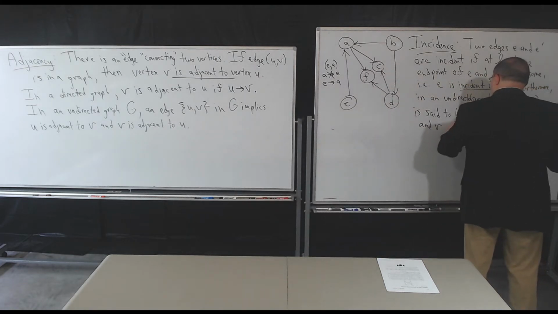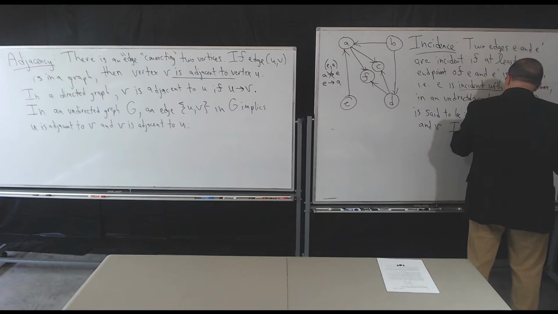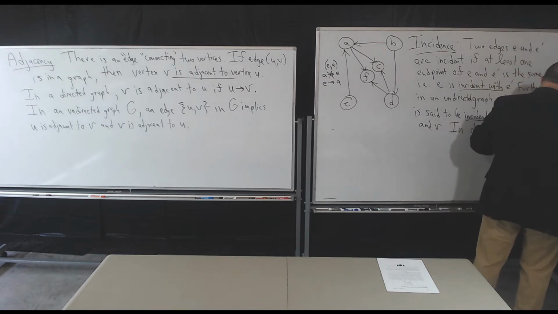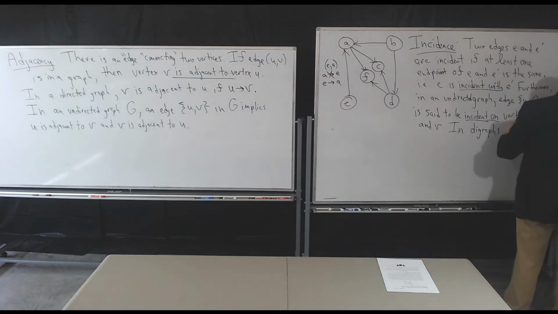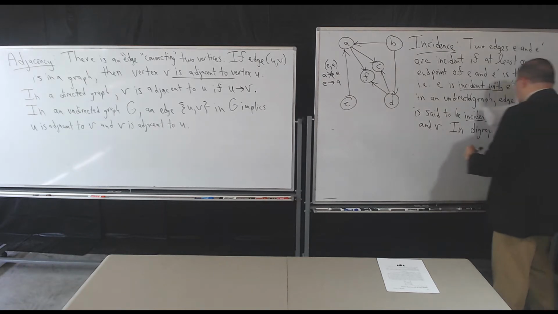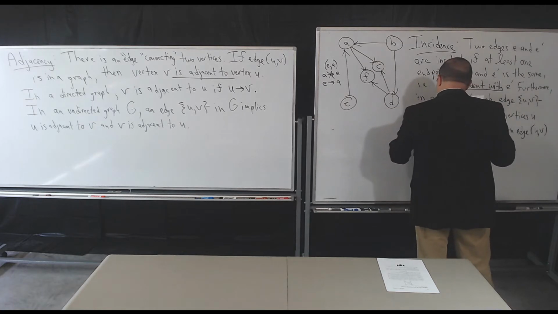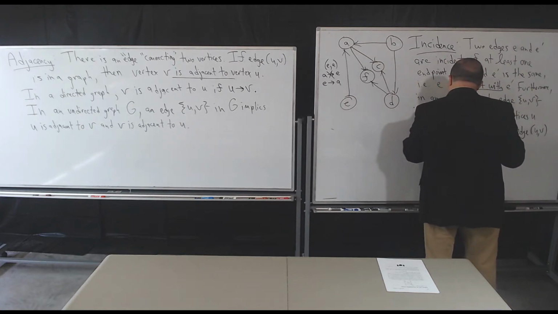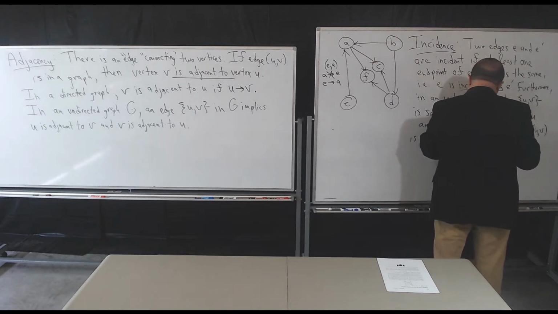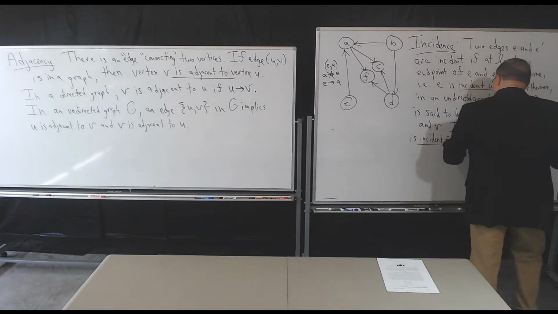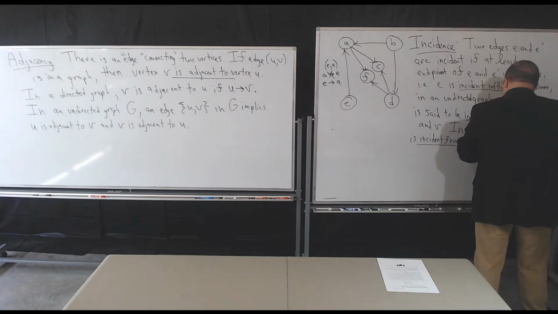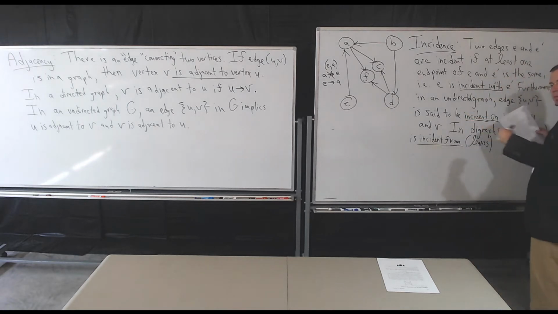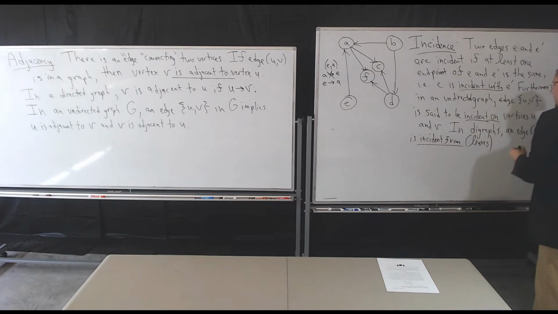I just got to talk about one notion involving directed graphs. In digraphs, an edge (U, V) is incident from, sometimes people call this leaves, like as in you're going somewhere, like I enter a room or I leave a room, okay?